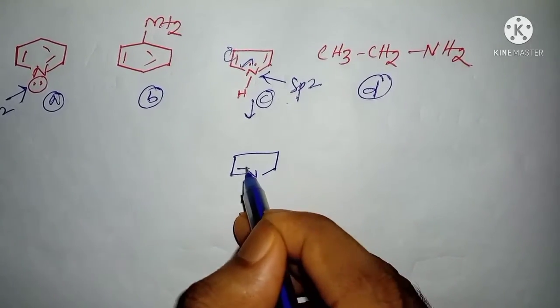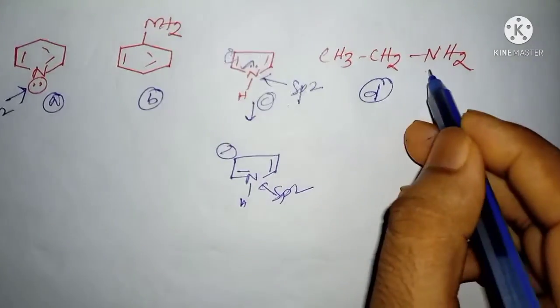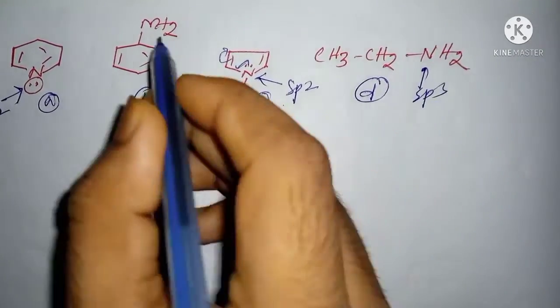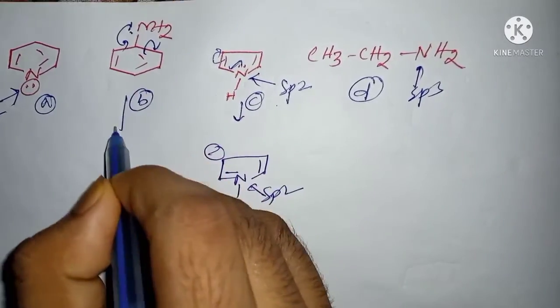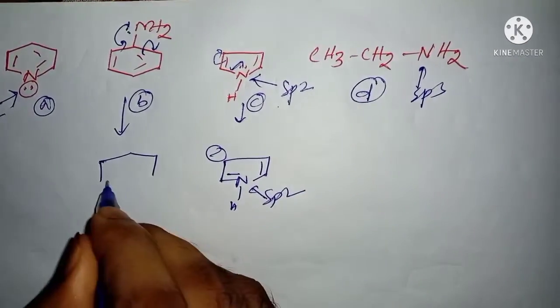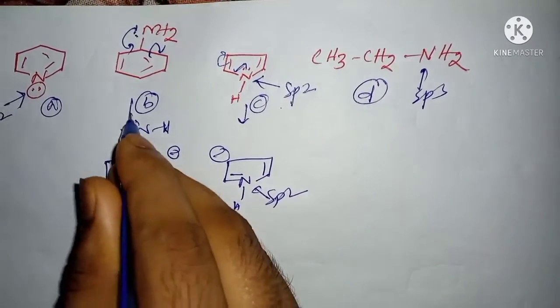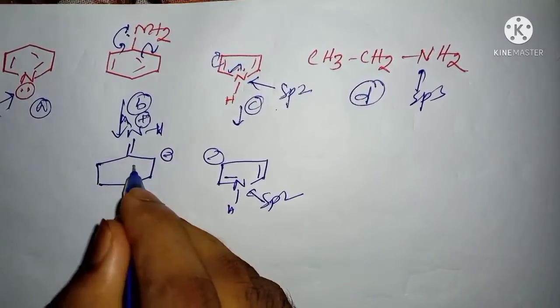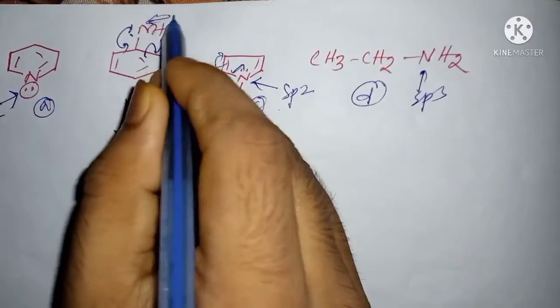After conjugation, this is sp2 hybridization. Now this is sp3 hybridization, and this is also sp2 hybridization because of lone pair conjugation. So this is sp2, plus this is also sp2 hybridization.